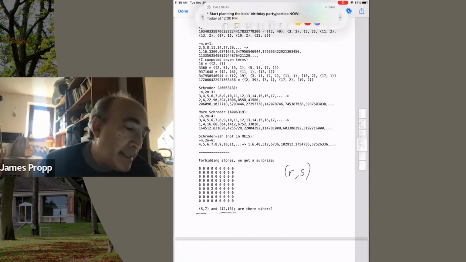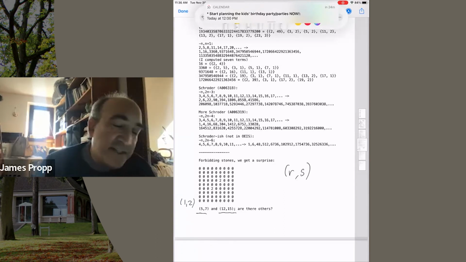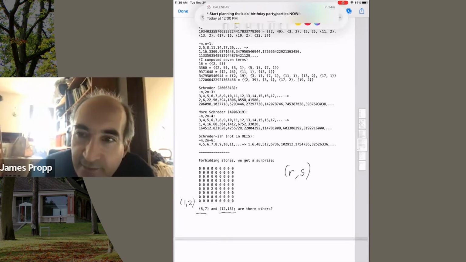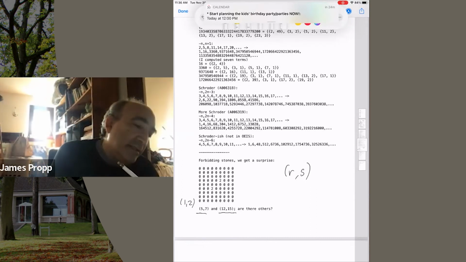So does anyone recognize, here's another pair, 1, 2, 5, 7, 12, 15. Do any combinatorialists in the audience recognize this sequence of numbers? It's often split up as 2 different sequences.